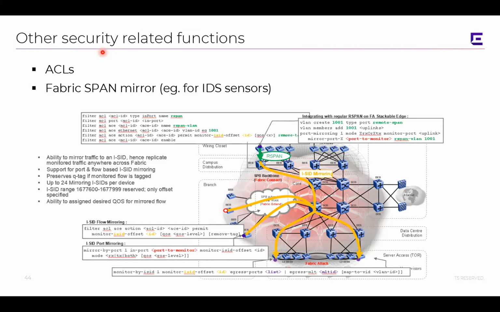You can just configure some rule on some BEB, and then you can take the mirrored traffic anywhere you want, inside or on the edge of your fabric. So you can pass the mirror traffic through the fabric in this way. So this is also one good thing for you to play with.